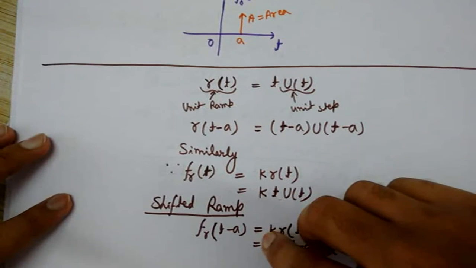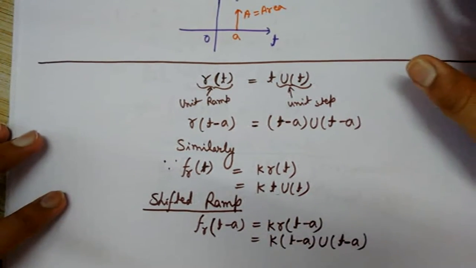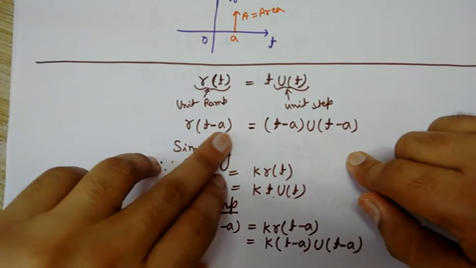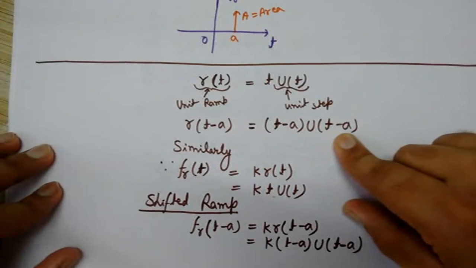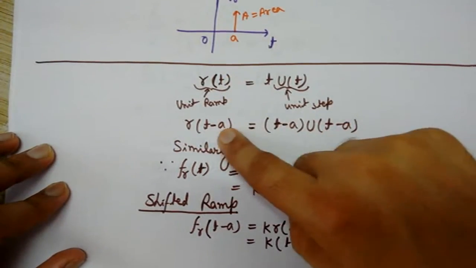In the same way, for the shifted case, when we shift by a, you can write r(t minus a) equals (t minus a) u(t minus a). Just replace t with t minus a in this equation.